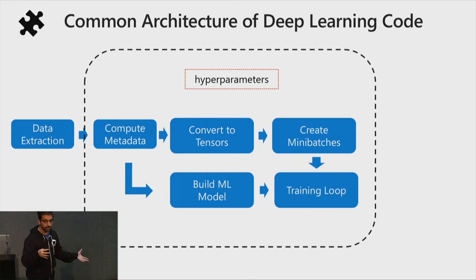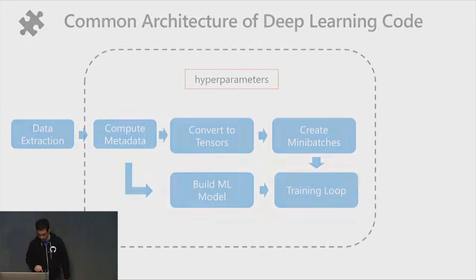So tensors go in, you get a loss. A loss is a scalar. You can differentiate the loss, try to minimize it, propagate gradients, update your machine learning model, and repeat. So this is a very high-level view of how, let's say, non-computer vision machine learning models work. You have these steps of metadata, converting to tensors, and creating mini batches.